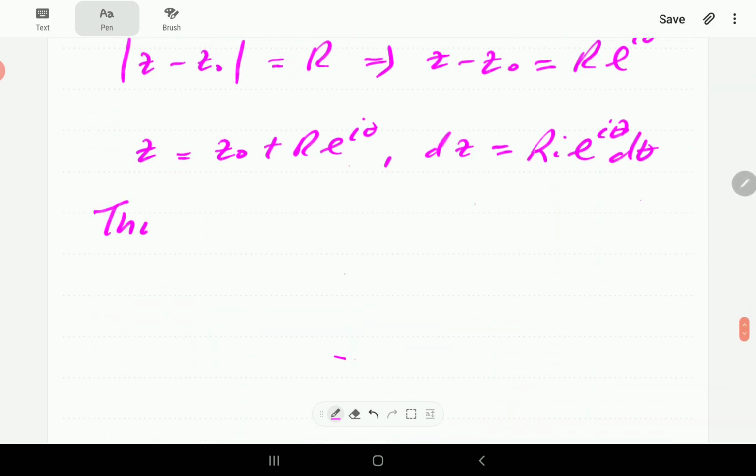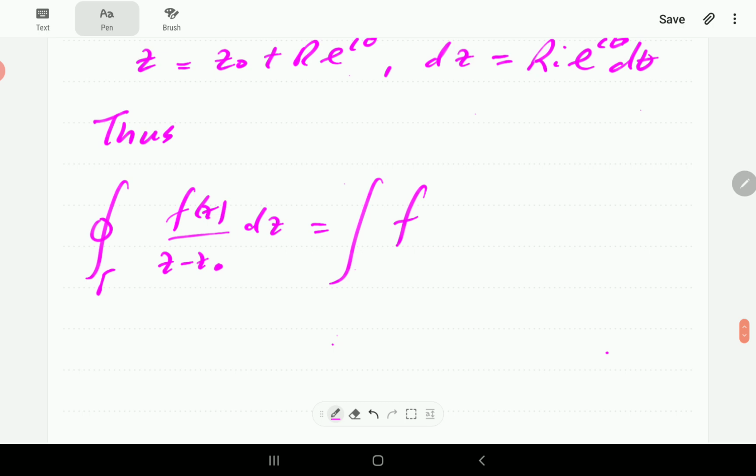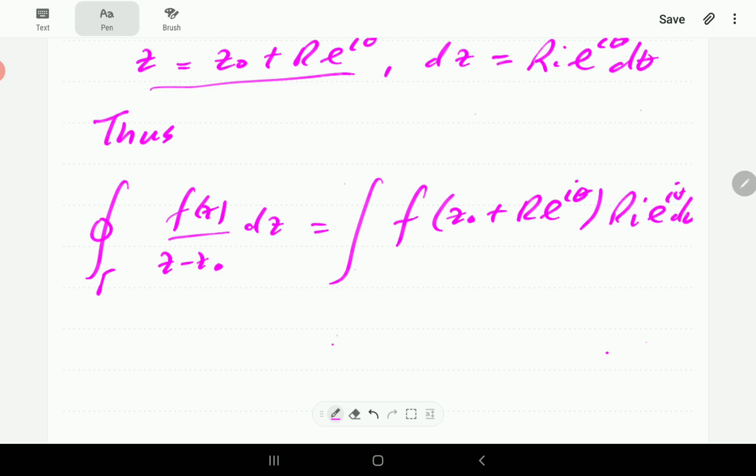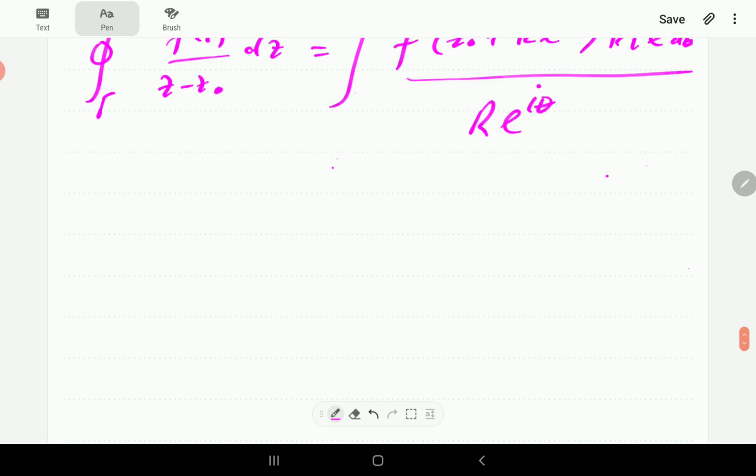The integral around gamma of f of z over z minus z0 dz is equal to the integral of f of z0 plus r e to the i theta, times dz, which is r i e to the i theta d theta, over the denominator z minus z0, which is just r e to the i theta.